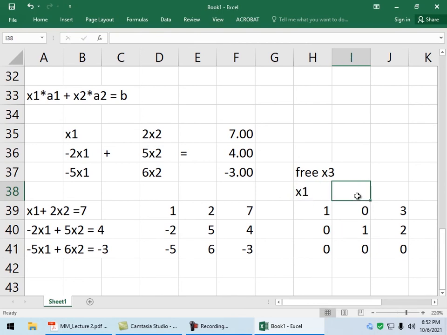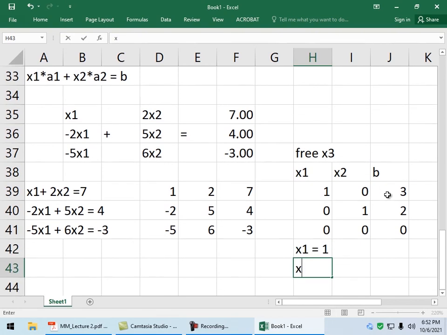This is x1, this one is x2, and this is the b result. So x1 equals 3, x2 equals 2. And x3 is free.